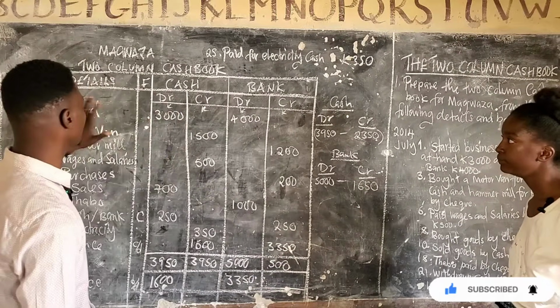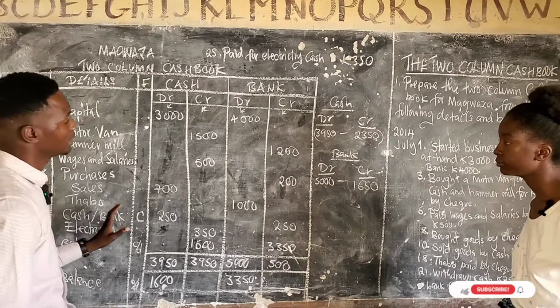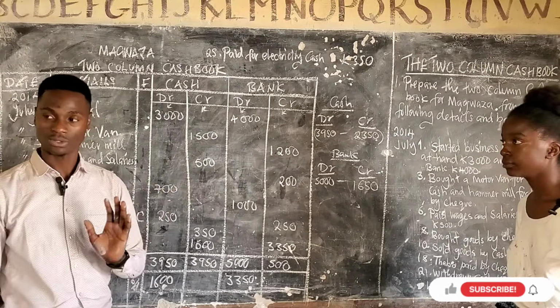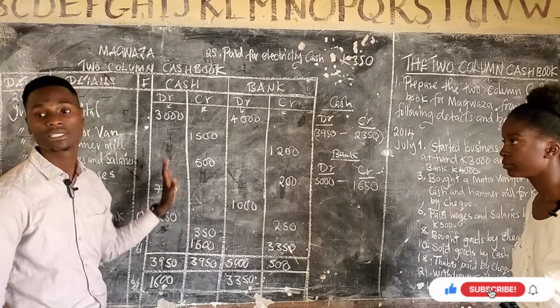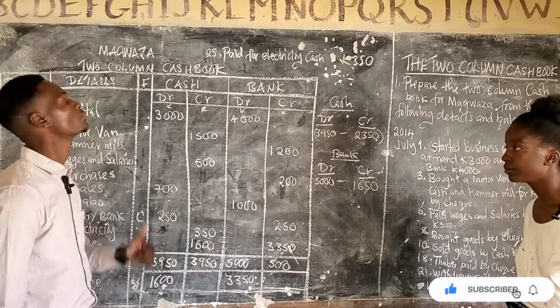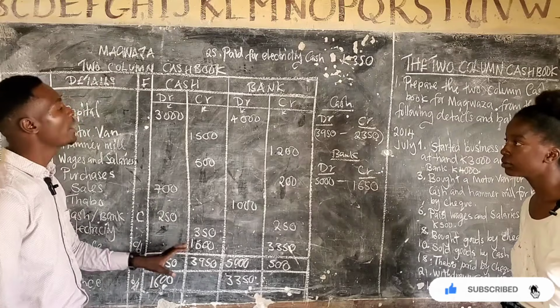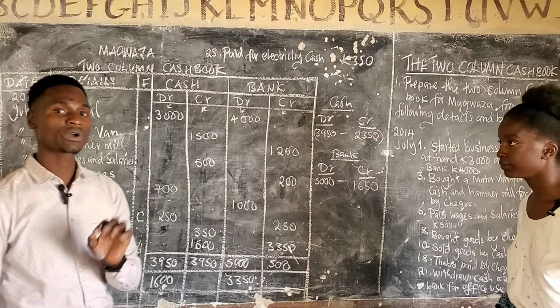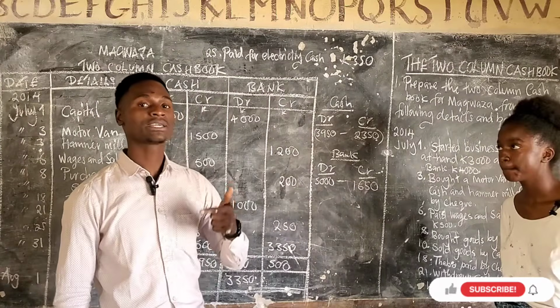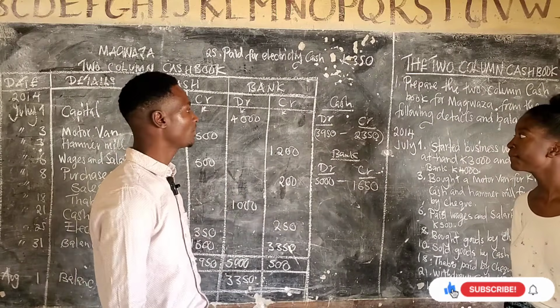We've done everything correct, unless your calculations were not accurate. Otherwise, this is very correct and very good. That's how you prepare the two-column cash book. So guys, we're going to look at the three-column cash book in the next video.